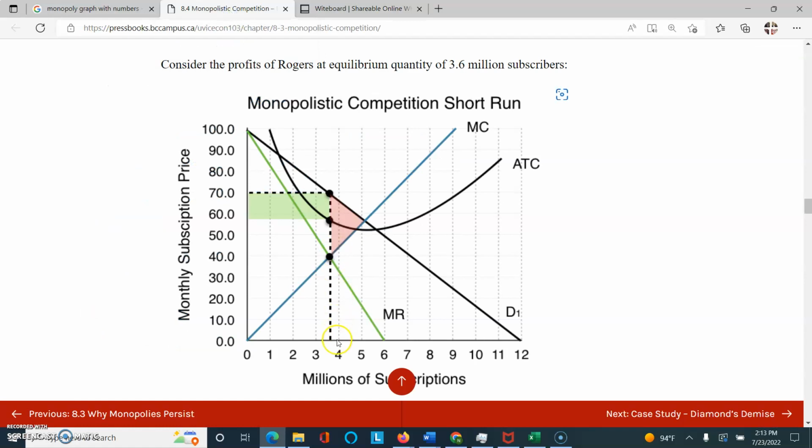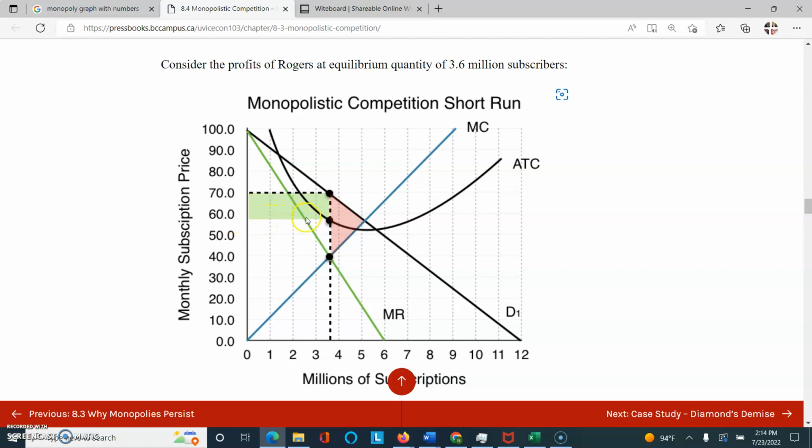All right, so if I go back and look, here's our optimal situation. Here's our 3.6 million subscriptions. Here's the $70 that I'm going to charge. The equation tells me I want P minus ATC. All right, so here's my price, 70. Now to get the ATC, I want to simply drop down to where the ATC curve is, and then read that value off the left-hand side.